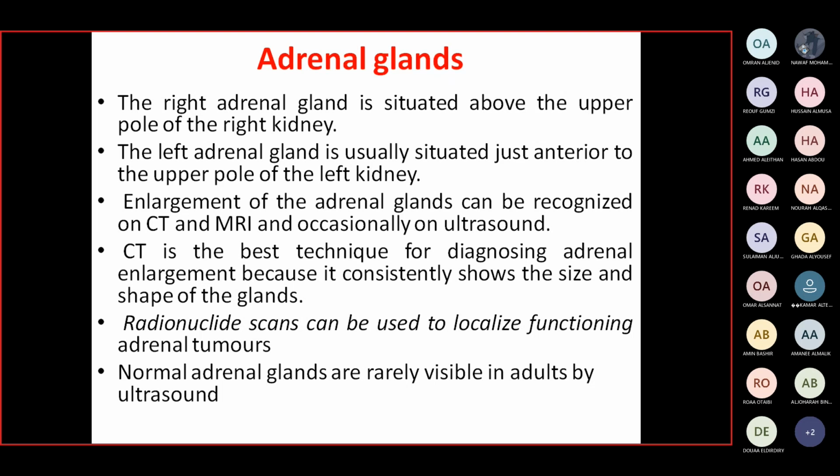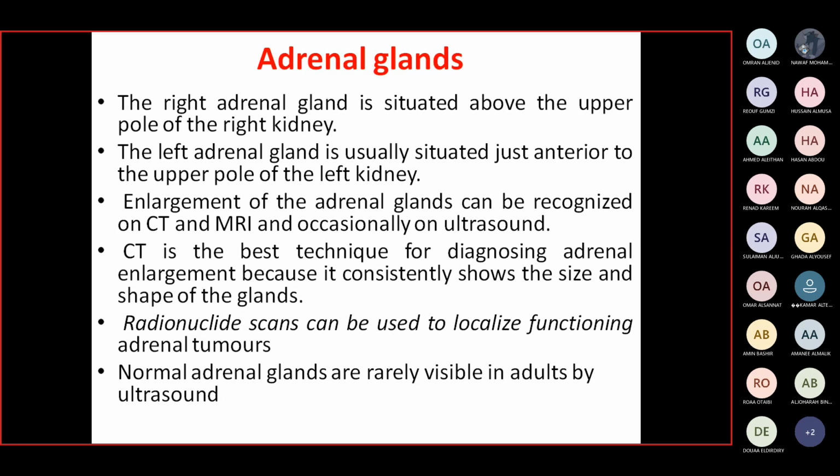Also, to conclude this slide, you know the normal position of both right and left adrenal glands. The best technique for assessment of enlargement of the adrenal gland is CT, although both CT and MRI can demonstrate enlargement, and ultrasound occasionally demonstrates it.